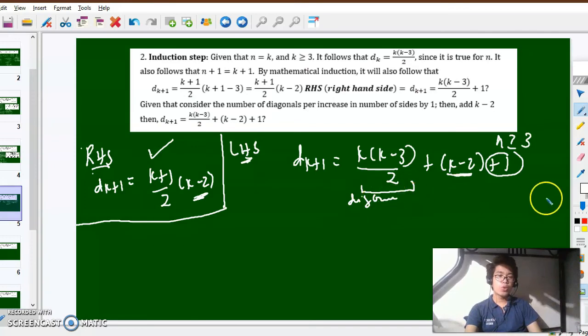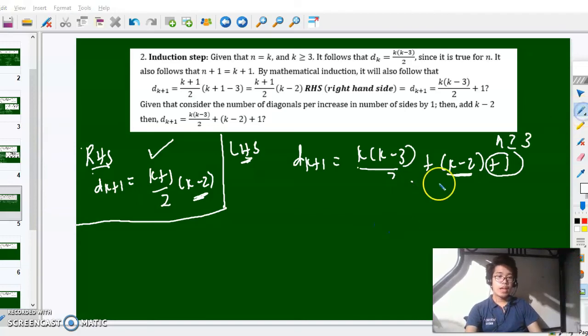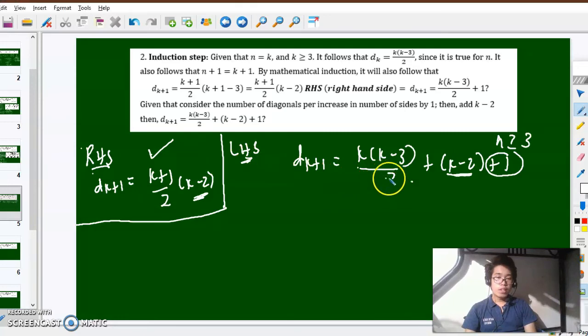So how do we solve for this algebraic expression that we have here? What we have here is k times k minus 3 all over 2 plus k minus 2 plus 1. So we add the 1 here, so d sub k plus 1 is equal to k times k minus 3 all over 2. And what's k minus 2 plus 1? That's simply plus k minus 1.